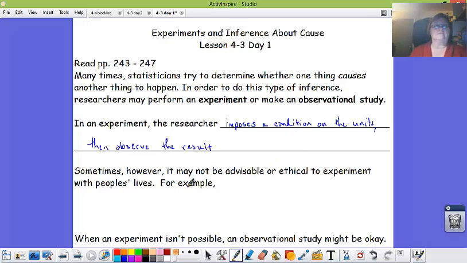Now, you know and I know that it might not always be good or ethical to experiment with people's lives. For example, and this is a big one in our society, it's never been clearly demonstrated that smoking causes lung cancer. Folks, one reason for that is you can't make people smoke. That's unethical. Okay? We can't say, okay, group A, you smoke a pack a day. Group B, no smoking for you, and then let's see what happens. That is unethical.